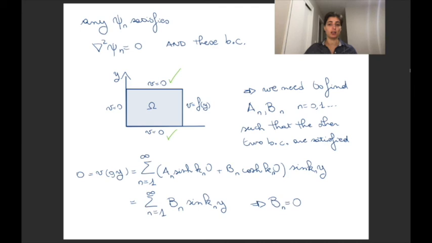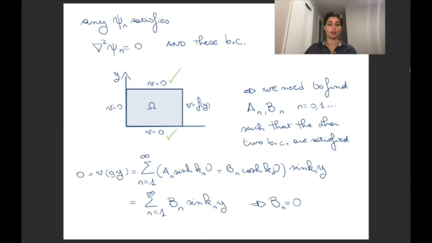Obviously, sine kn y doesn't simplify anymore, but we know that the hyperbolic sine at 0 is equal to 0, so the term multiplied by an disappears, while the term multiplied by bn gets to be 1. So now we only have an infinite sum of bn times sine kn y.